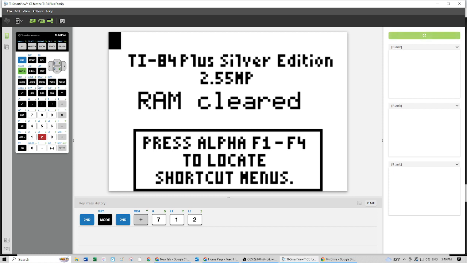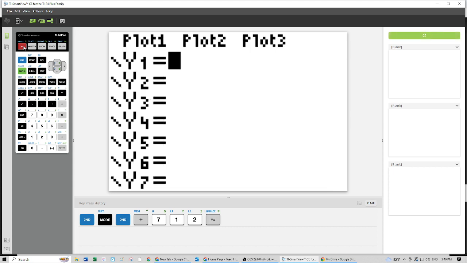Now I'm going to go to the Y function, which is here. For the example that I explained, the product is 12. So I'm going to enter 12 divided by x.